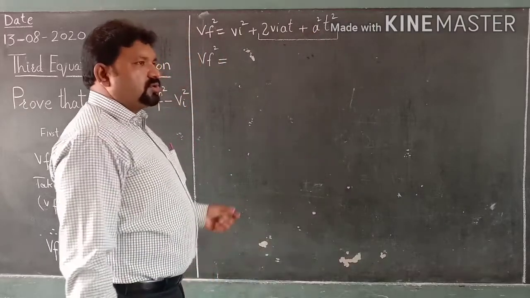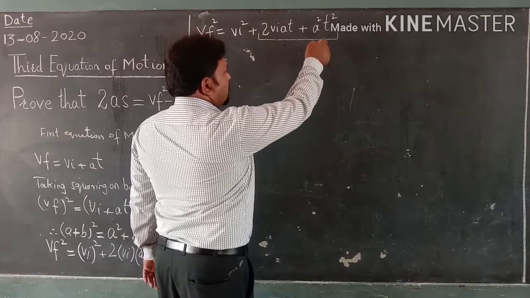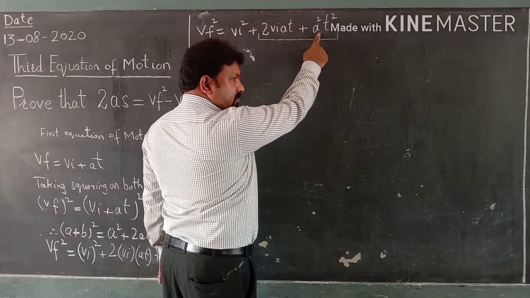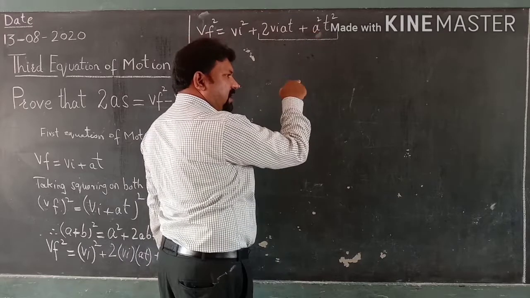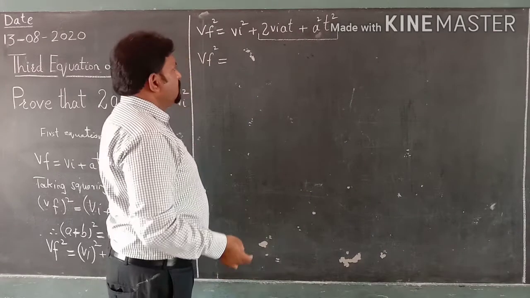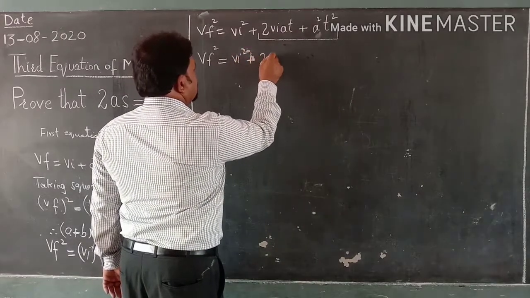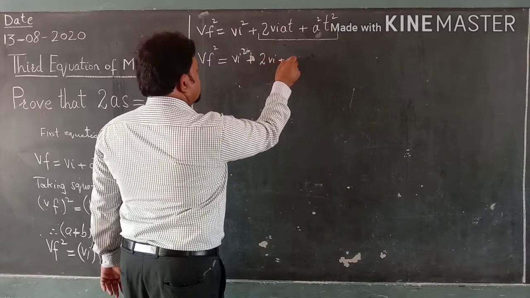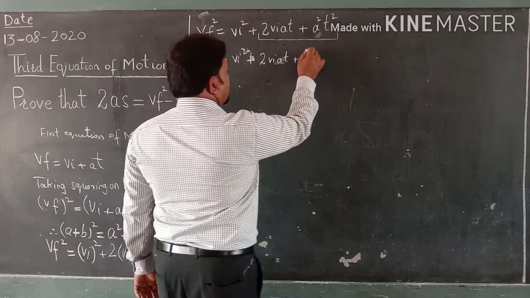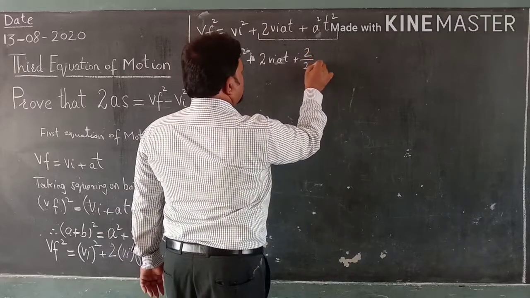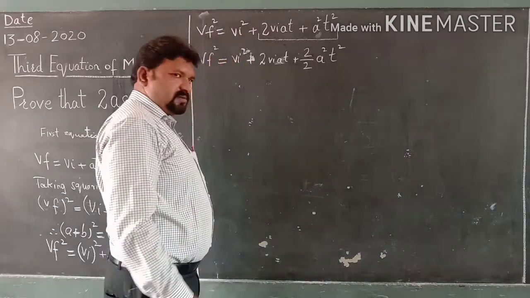So multiply and divide this term by 2. Vf square is equal to Vi square plus 2 Vi At plus 2 upon 2 a square t square.